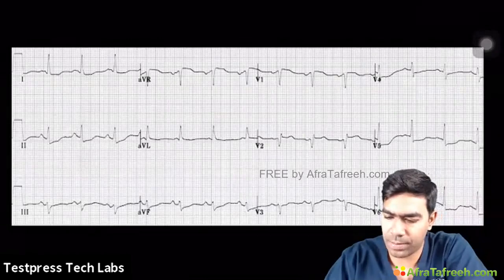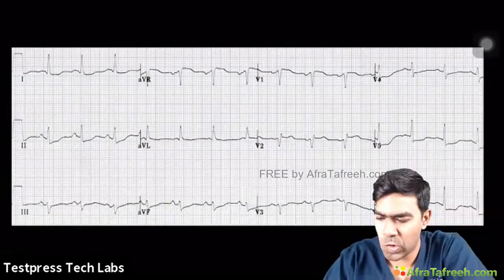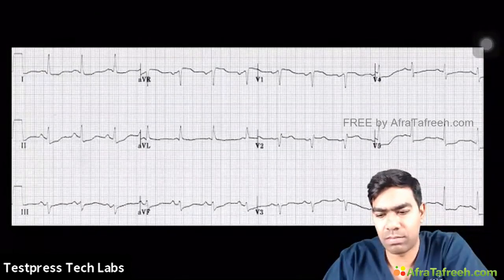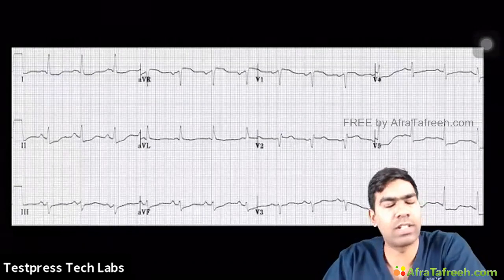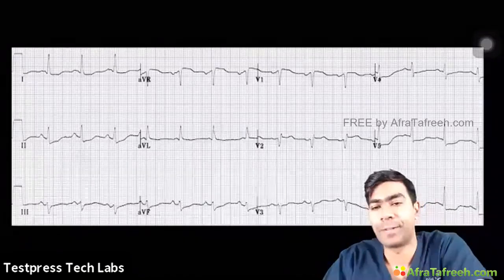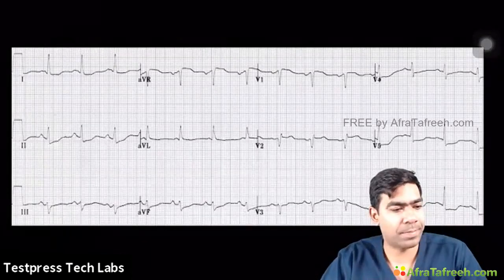What about this one? This is another different set of ECG, but this is just to confuse you. Another form of ECG.